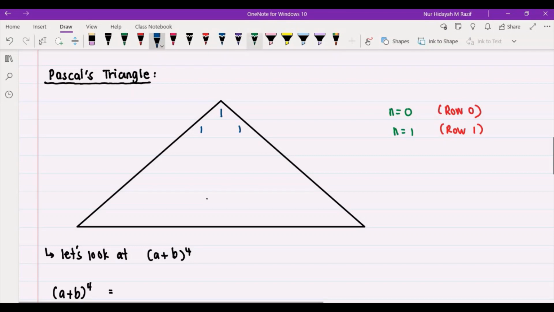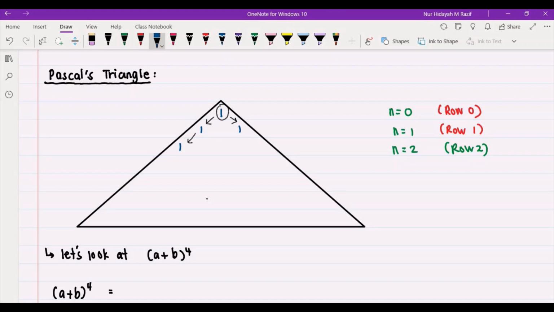Why do we get 1? Now let's take a look here. From the first row, I can only go to that spot in one way. Same as this one, there's only one way to reach that spot. What if from row 1, I need to move to row 2 where n is equal to 2? For row 2, I can move from row 1 to this spot using only one way, so I have 1 there.